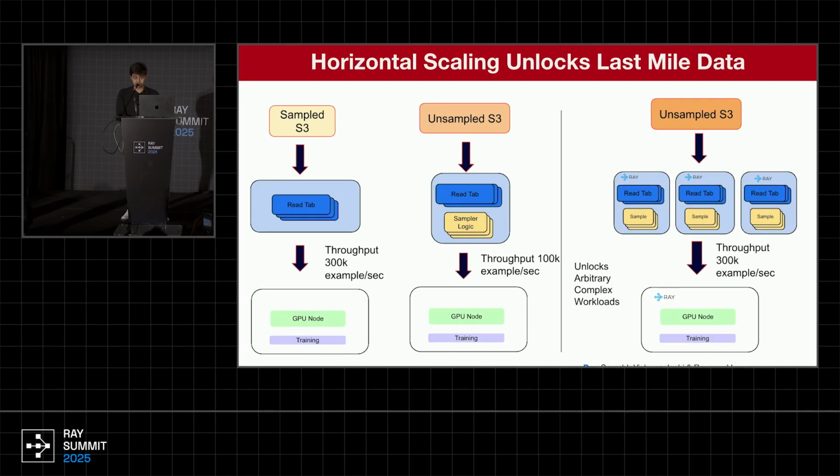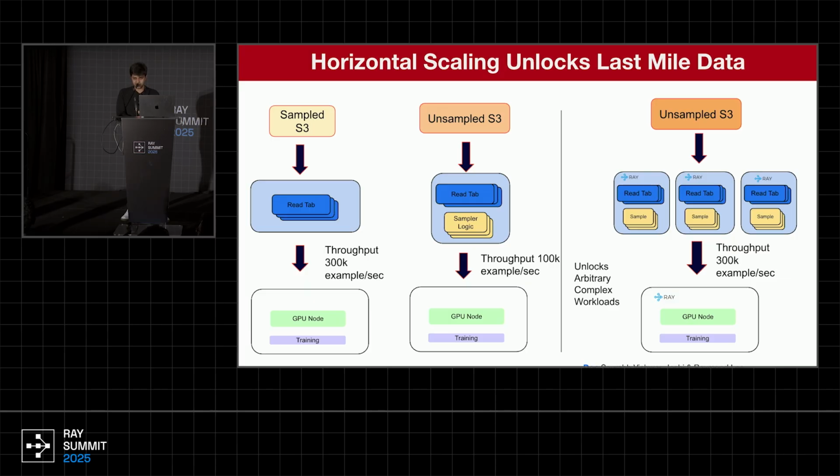And this is not really a new ask. Our company has been trying to do this for a while, but Ray heterogeneous clusters totally unlock it. So earlier when we tried moving sampling to just before training, like in the example on the left, we saw a lot of drop in throughput. Essentially, say using a single P4d machine, we would get bottlenecked on CPU workloads when putting in arbitrarily complex sampling logic.